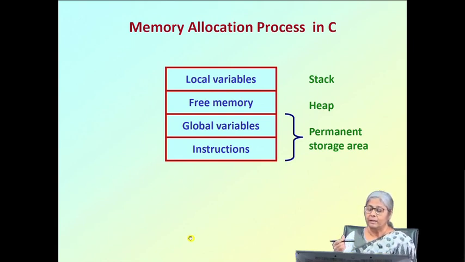See, we have already written a number of programs in our lab class, and we have the concepts of global variables and local variables, and the instructions, that is, the C instructions, which is nothing but our program, because it is a set of instructions.